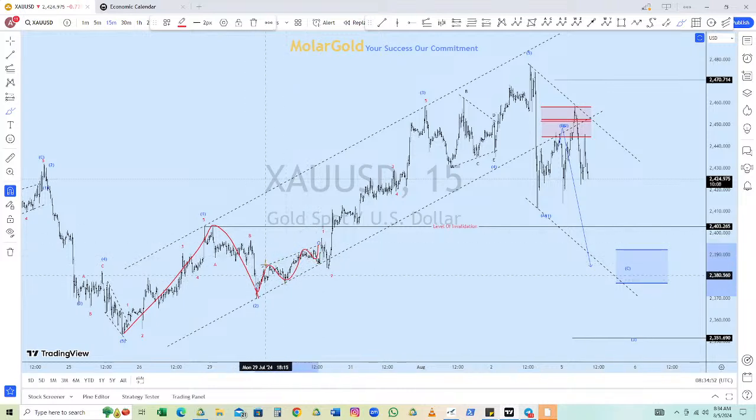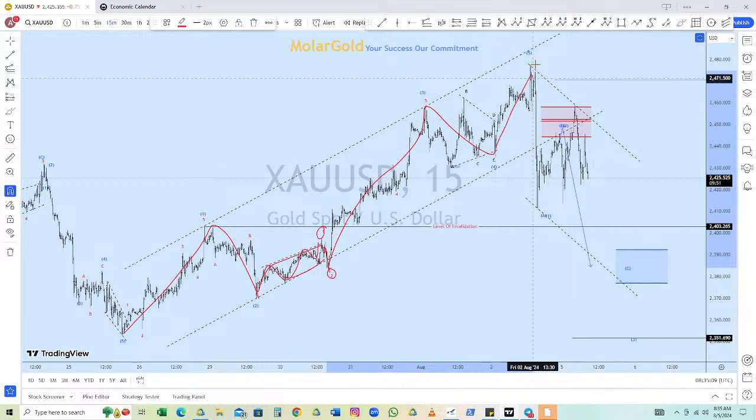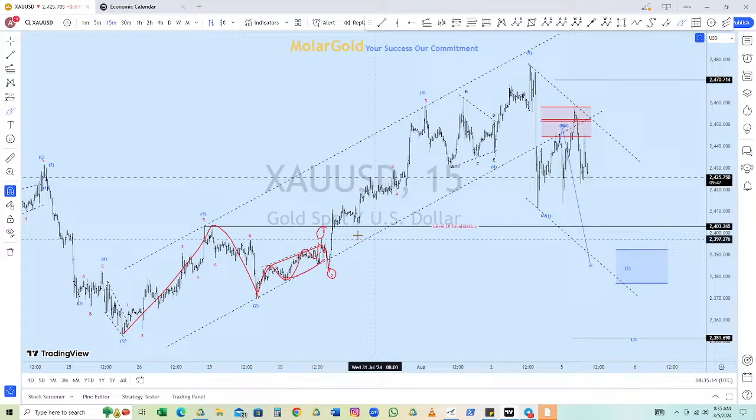So this becomes a leading diagonal, and then we have an ABC correction. We counted this as wave 1 and this as wave 2. Then all of these as wave 3, this as 4 and this as 5. That was the count last week.